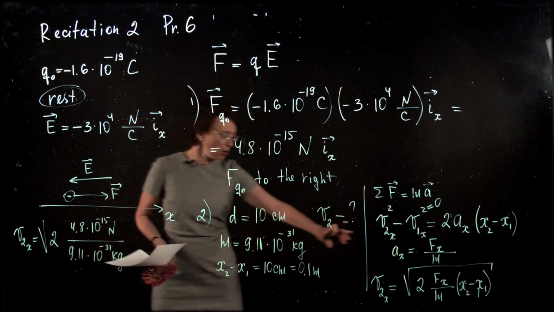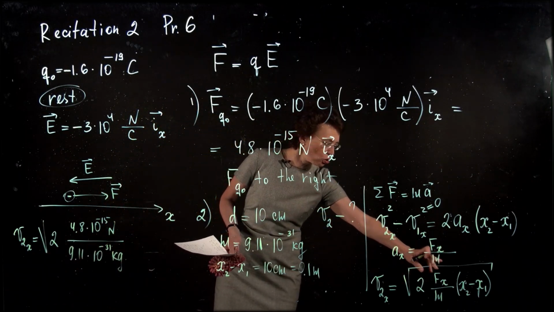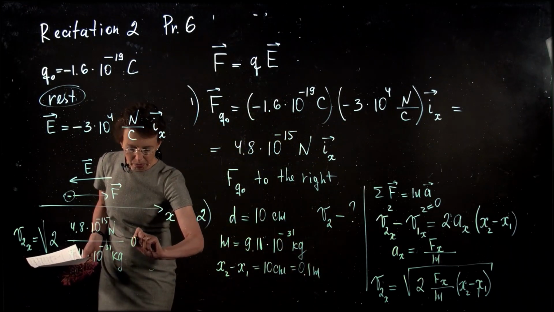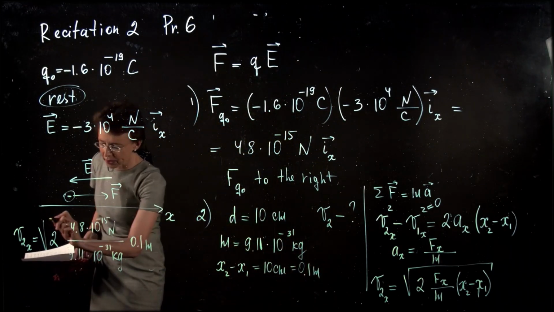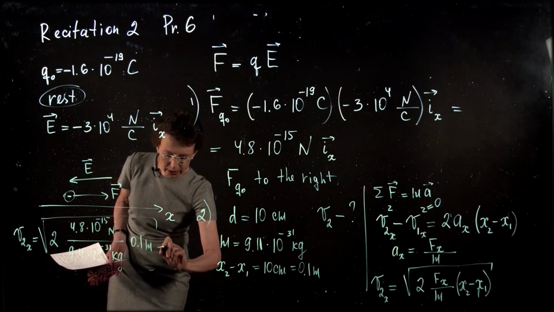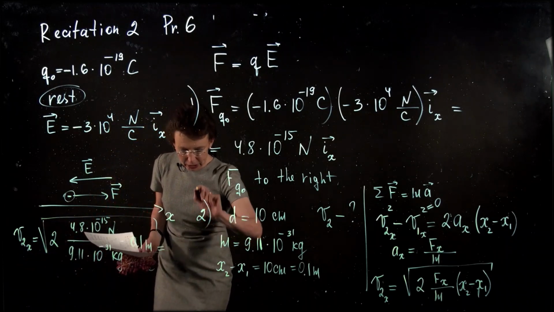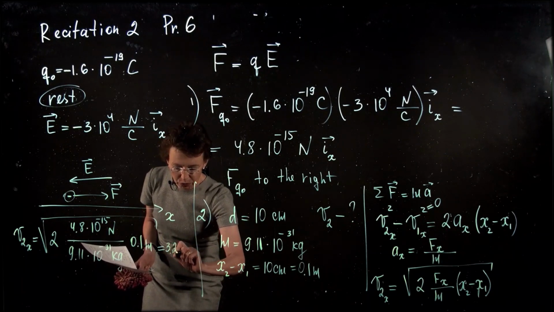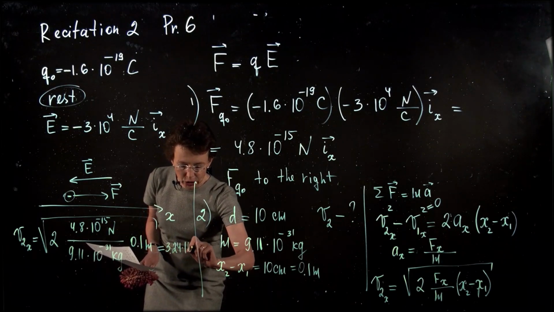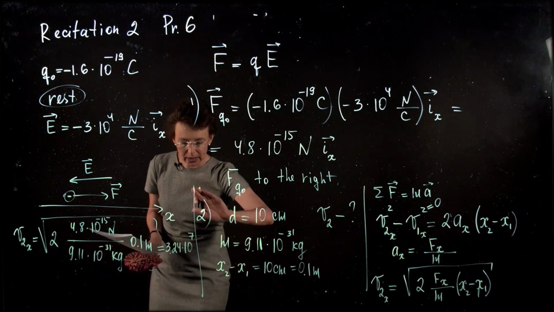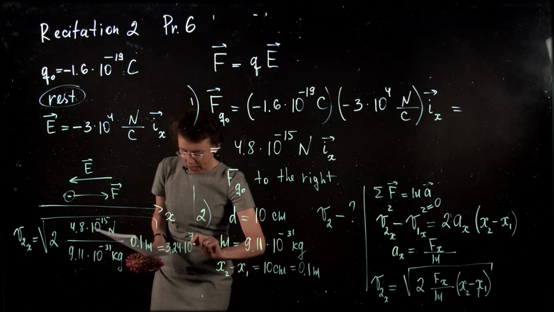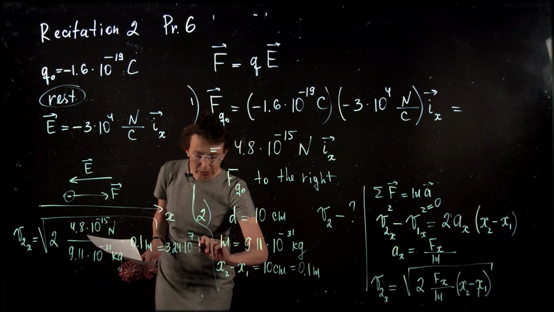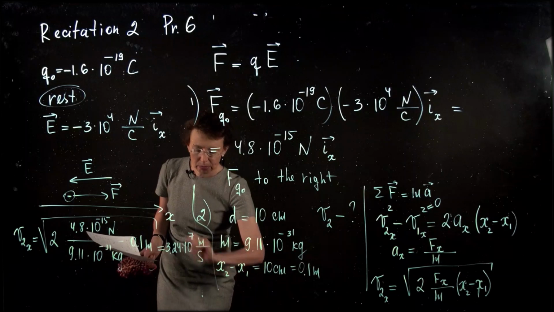So this is F over m, and then x2 minus x1 is 0.1 meters. If I calculate this number, I will get 3.24 times 10 to the 7th. And the dimension is meters per second.